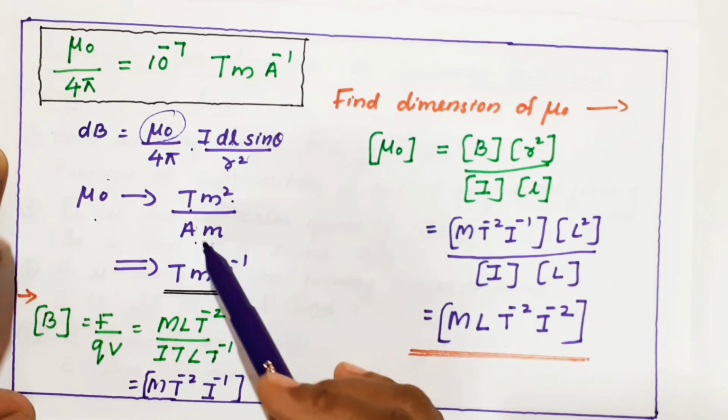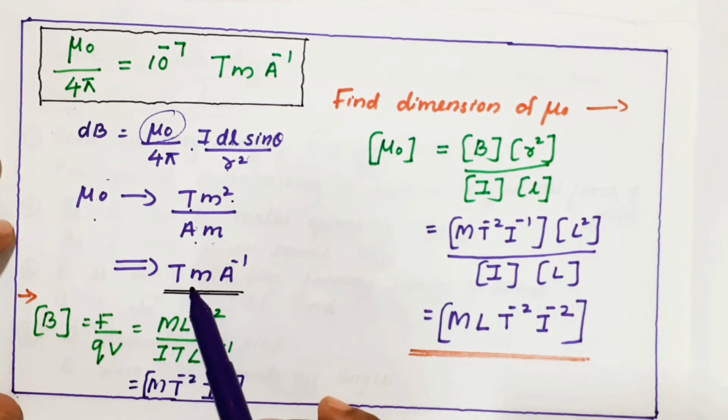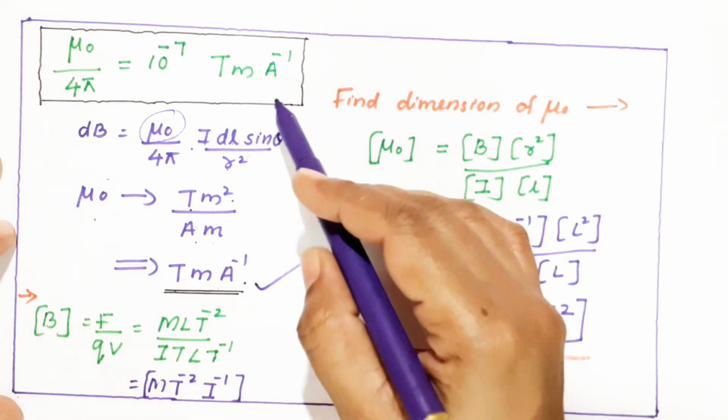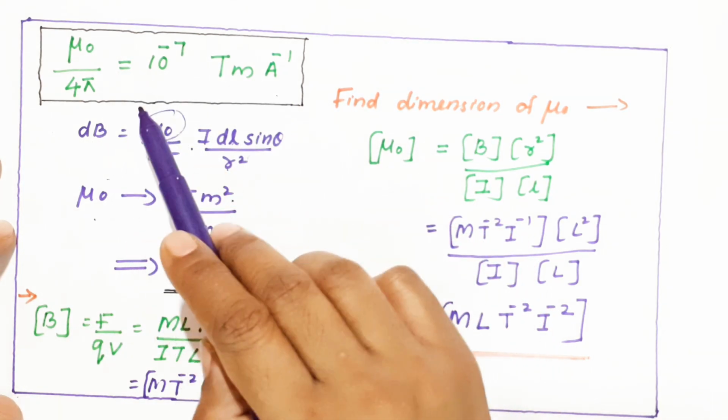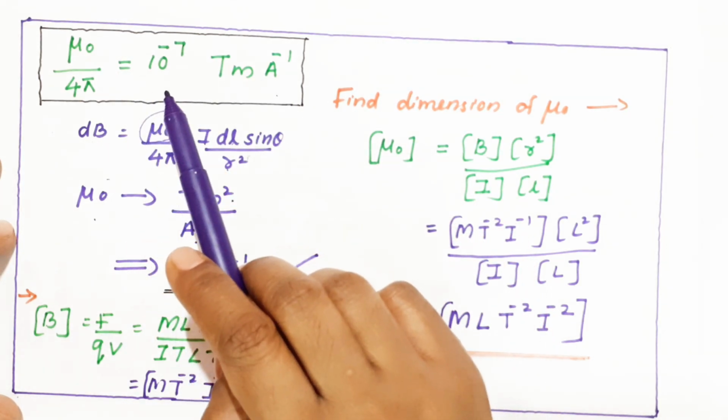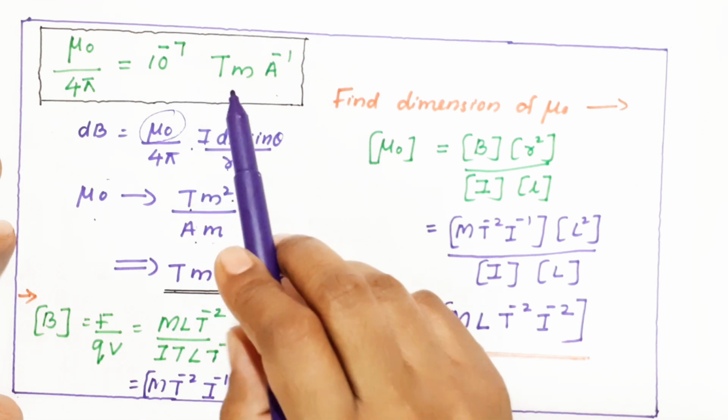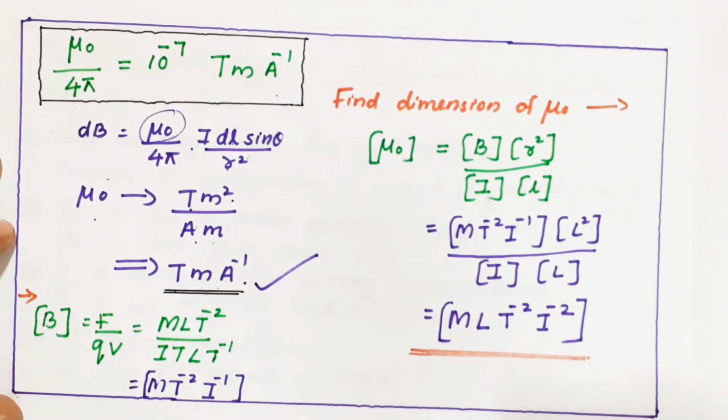If you cancel meter square and meter, we get the unit as Tesla meter ampere inverse. That only I have written here. What is mu naught by 4 pi value? Mu naught by 4 pi value is 10 power minus 7, unit Tesla meter ampere inverse.